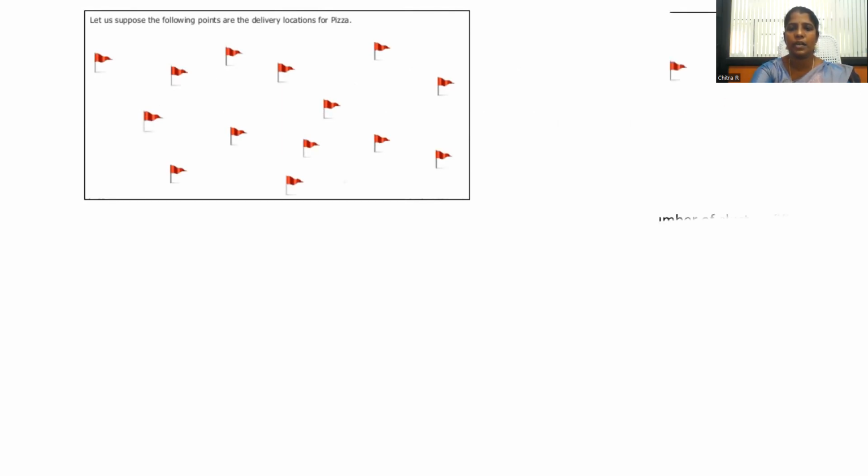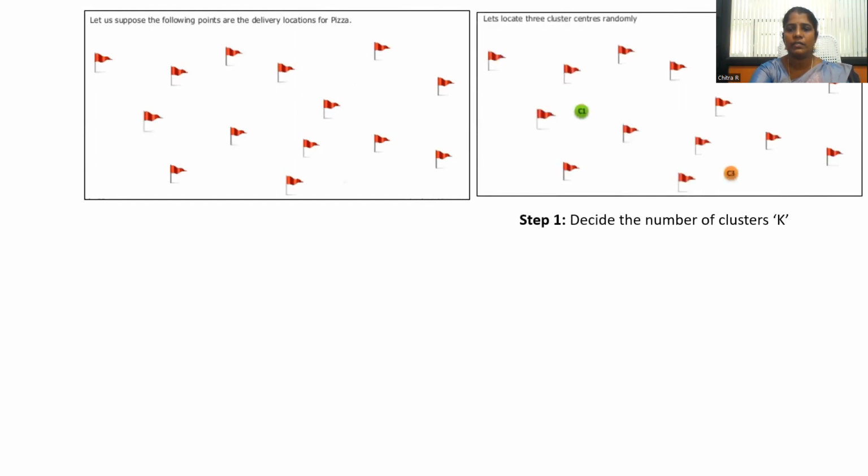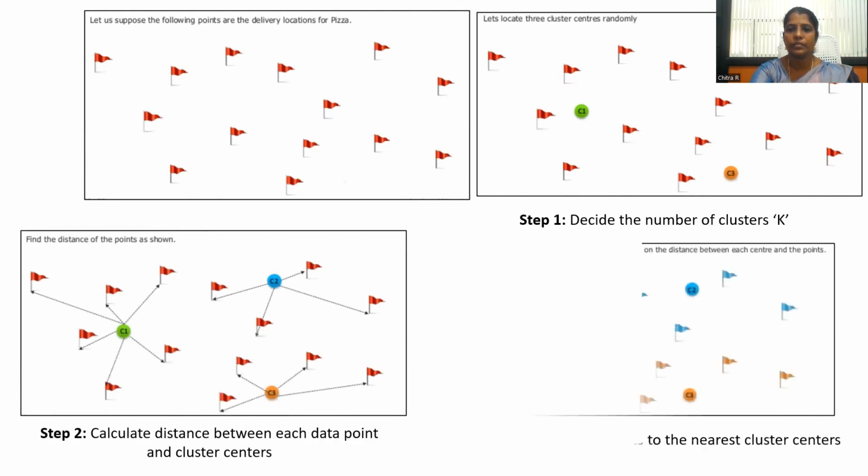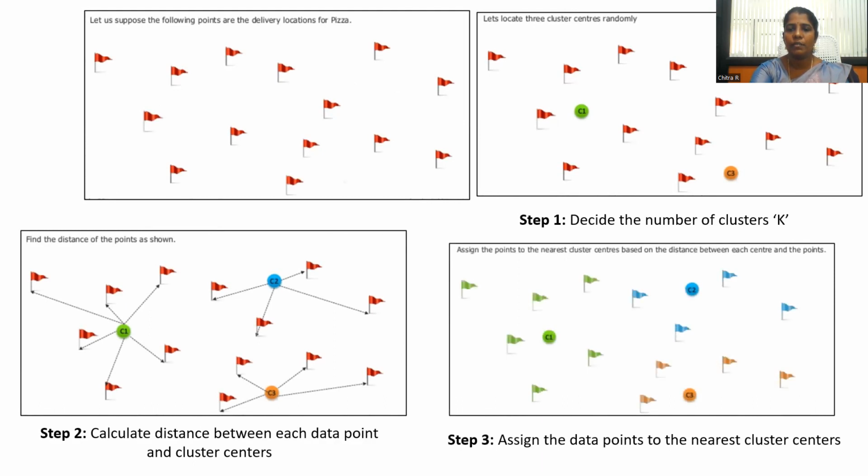First, decide the number of clusters; here I have taken 3. Then find the distance between each data point and the clusters. Based on the cluster centroid points, all the locations are grouped into categories.